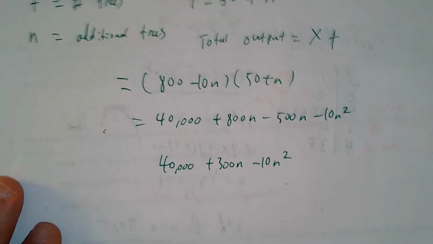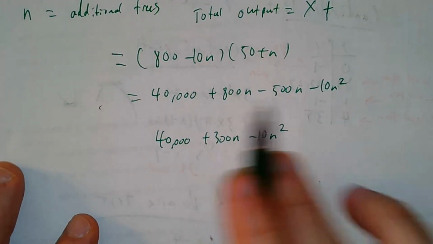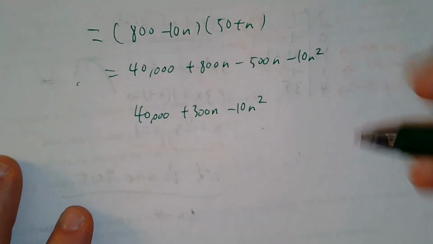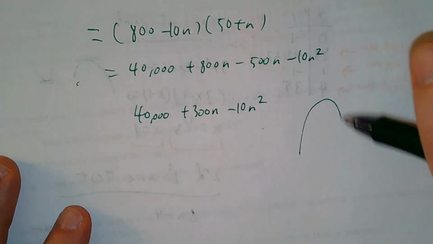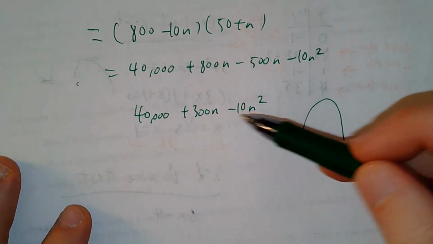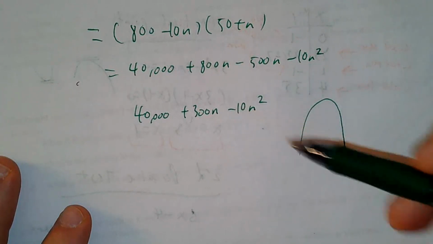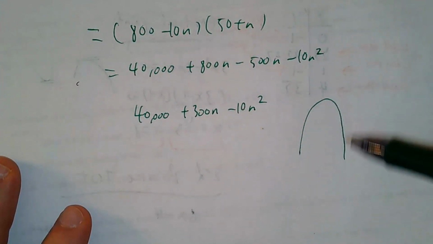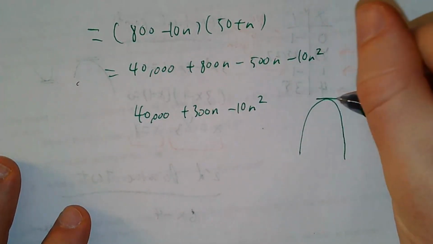So you can visually, by looking at this formula, it's going to look like this, right? Because it's that negative polynomial. It's a negative quadratic rather. So it's that upside down parabola. And I'm looking for the top of it.